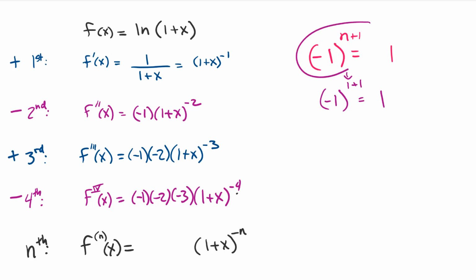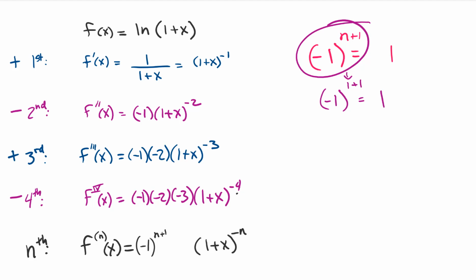So when this occurs, we want the odd term to be positive and the even term to be negative. We want to do it as -1 to the n plus 1. It's just a little game. And notice I'm just dealing with the signs, not the numbers.